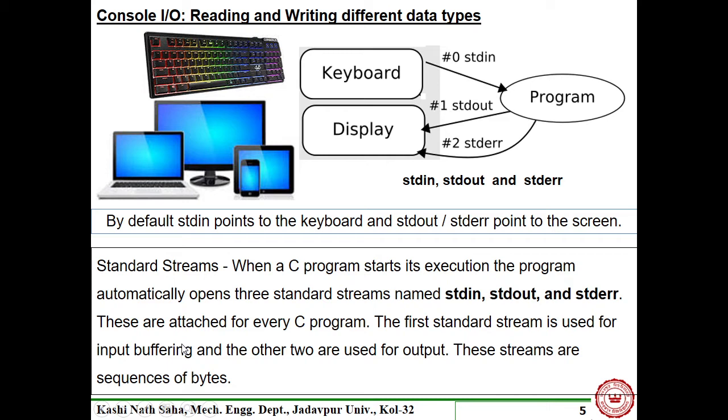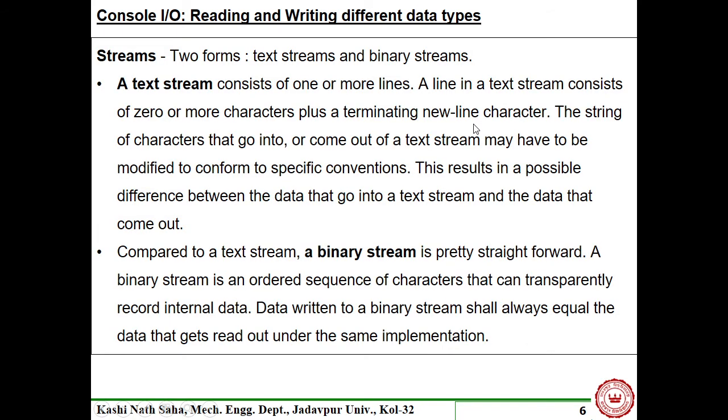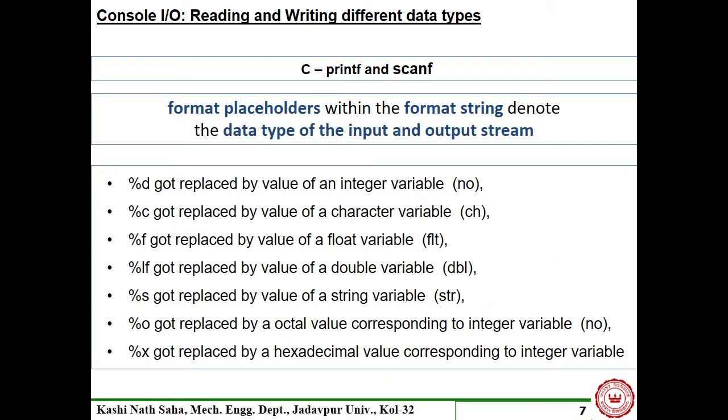Now, this is the basic operation in C. I am not going to elaborate on that part. Rather, what I will tell is this thing. In printf and scanf, this is same for fprintf and fscanf.